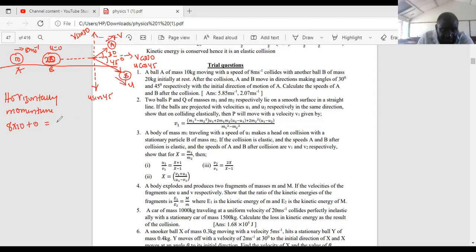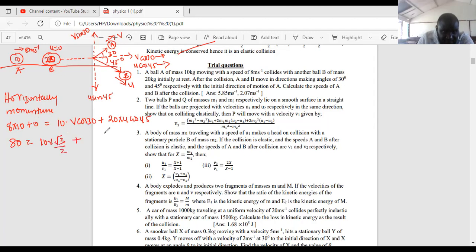The horizontal component is going to be, A had what? 10 times V cos of 30 horizontally plus 20 times U cos of 45 horizontally, because this is the horizontal direction of B, this is the horizontal direction of A. Therefore, 80 will give us 10V root 3 over 2.